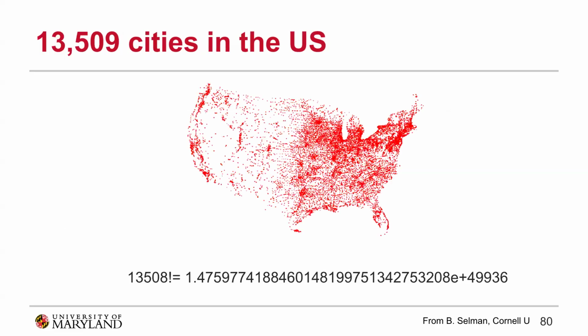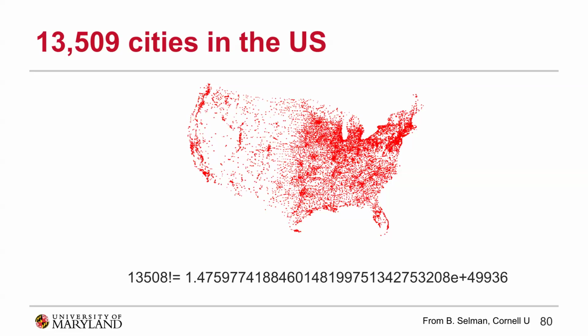For example, in this one, there are more than 13,000 cities in the US. If you try to place them in a sequence, meaning you visit the first city and move on to the second city and third city, there are a lot of ways.